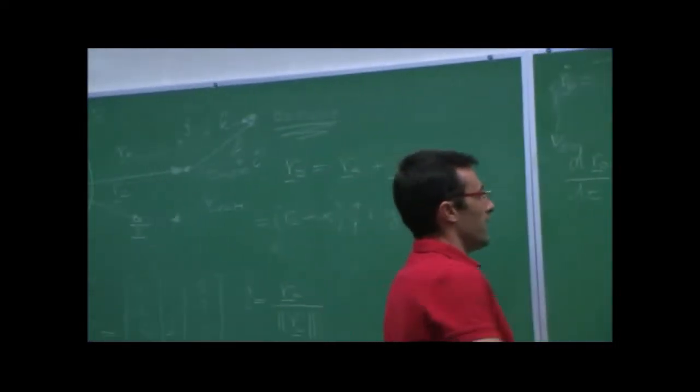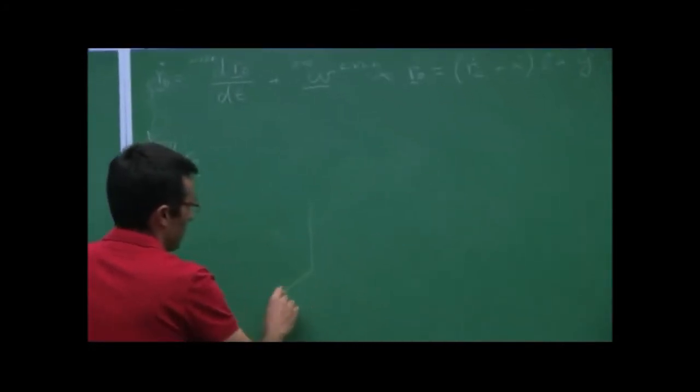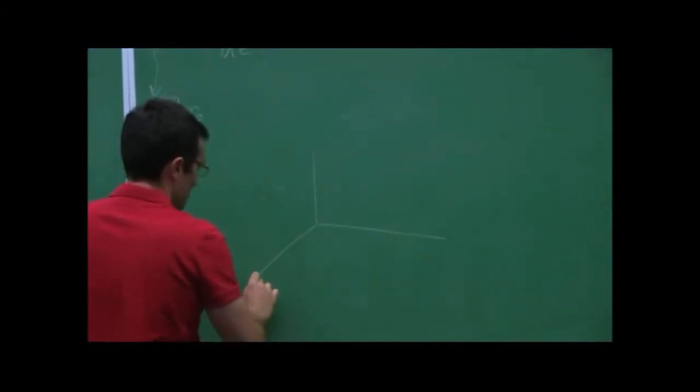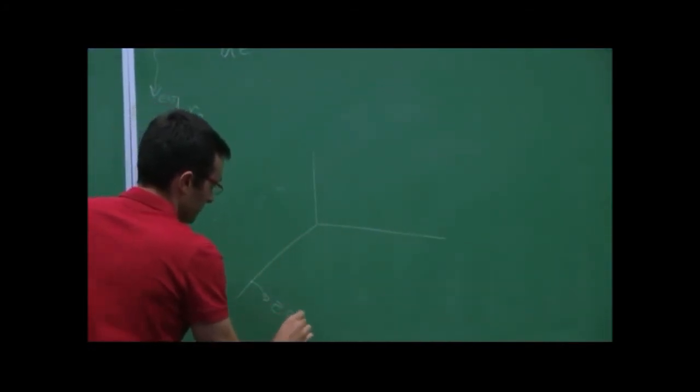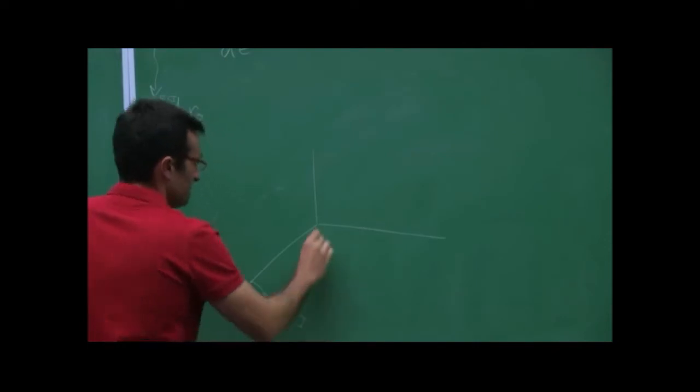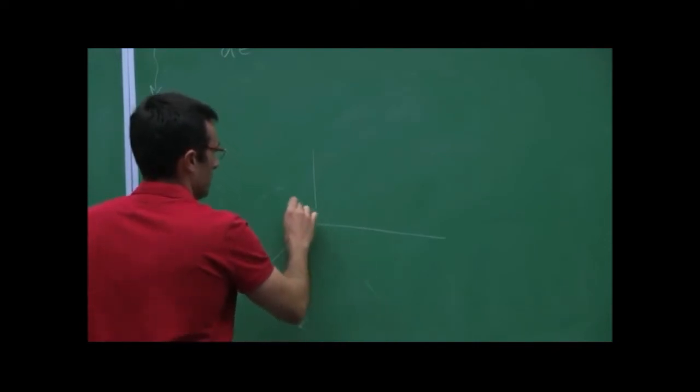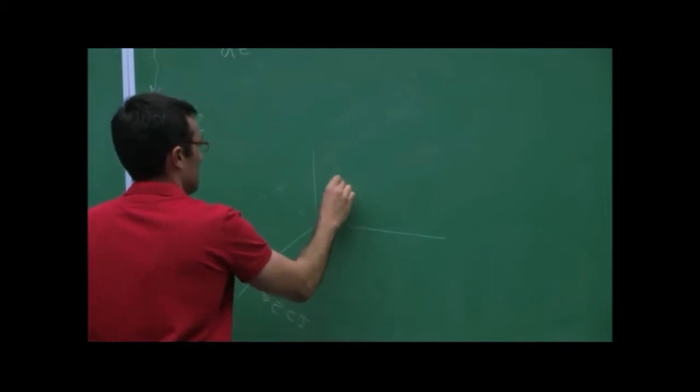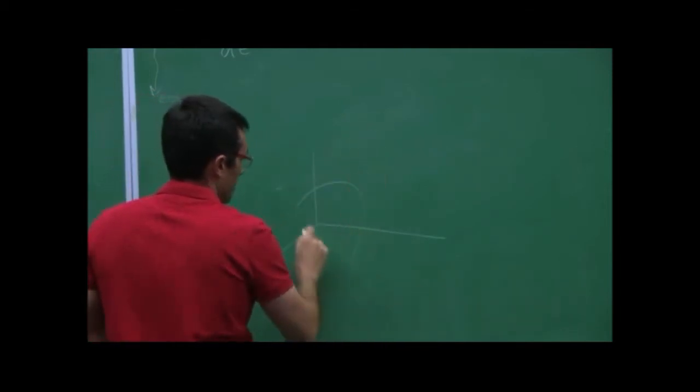What is happening to the chief if it is moving on a purely Keplerian orbit? If this is your ECI, this is your line of nodes, this is your orbit, a generic orbit.